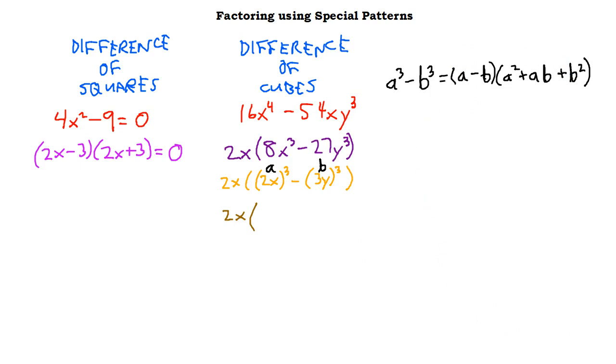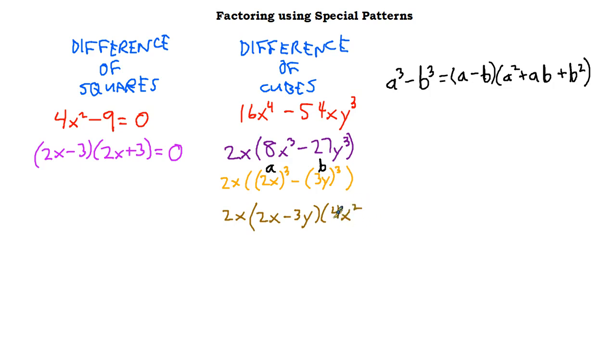So what the formula says, it says take a, so we say that's 2x, and then subtract b, so b is 3y, so minus 3y, and then multiply that times a squared. That's, again, a is 2x, so a squared would be 4x squared.